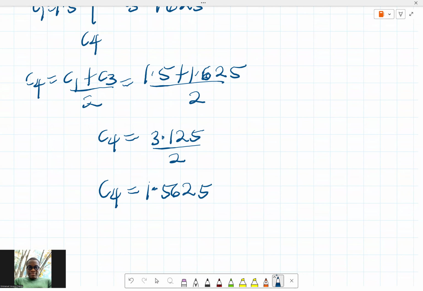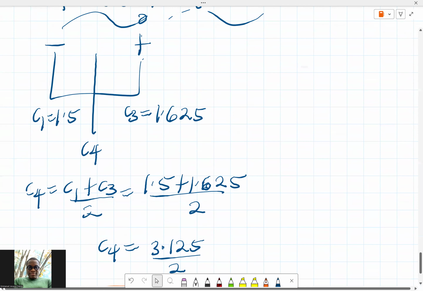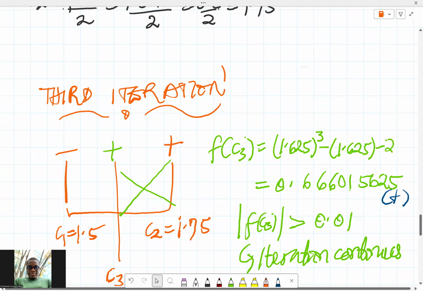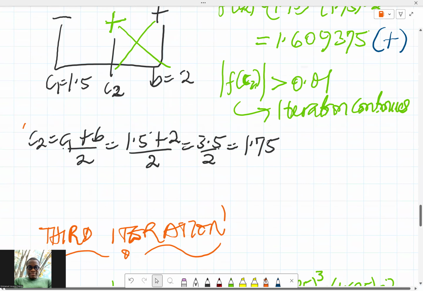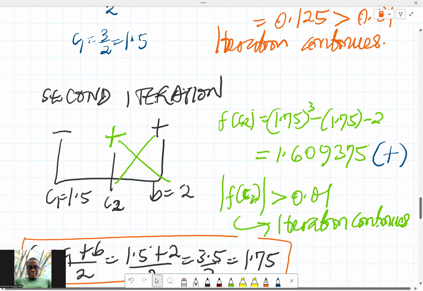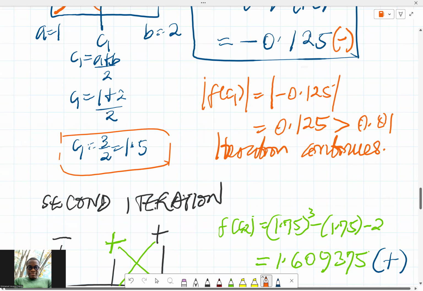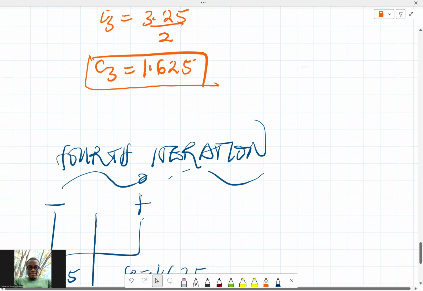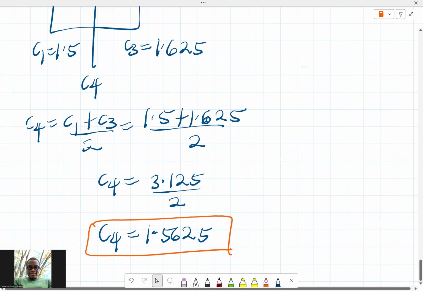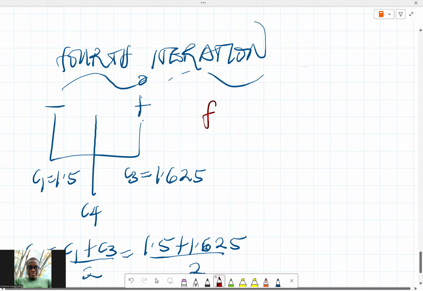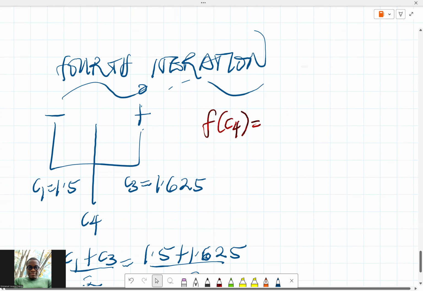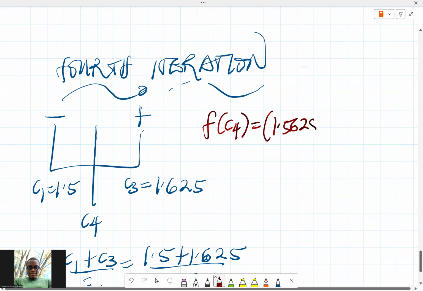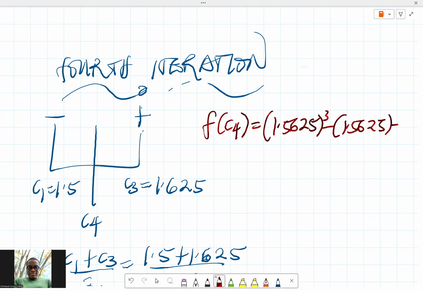So now we have C4, which is another possible solution, just like we've been getting. Here we had C2, the first one we had C1. So what do we do with that? We look for f of C4. f of C4 is 1.5625 raised to power 3 minus 1.5625 minus 2.